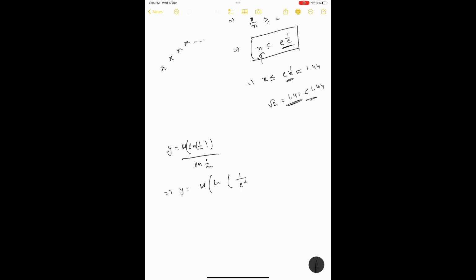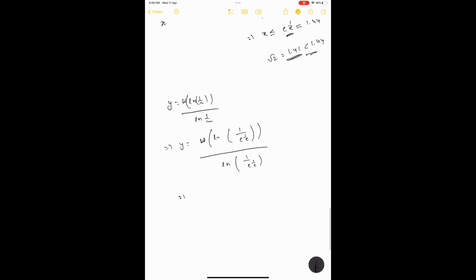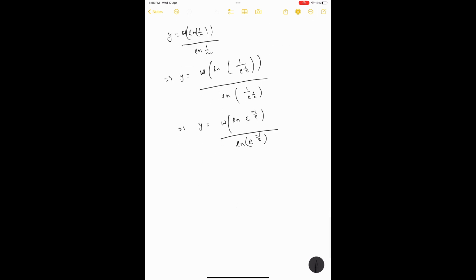Okay, so ln 1 over e to the power 1 by e. From here we get y equals W of ln e to the power minus 1 over e upon ln e to the power minus 1 over e. So from here we get y equals minus e W of ln e to the power minus 1 over e.